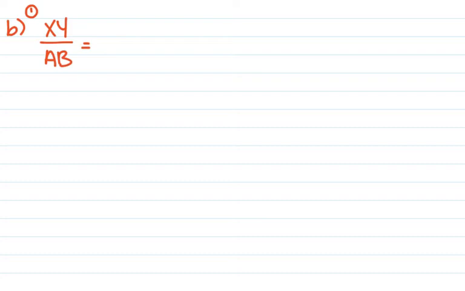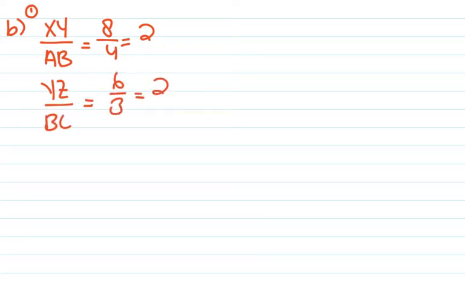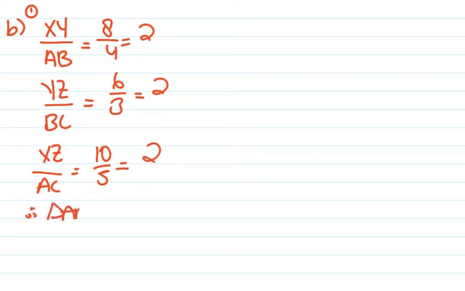XY over AB equals 8 over 4, which equals 2. YZ over BC equals 6 over 3, which also equals 2. XZ over AC equals 10 over 5, which also equals 2. So therefore, triangle ABC is similar to triangle XYZ.